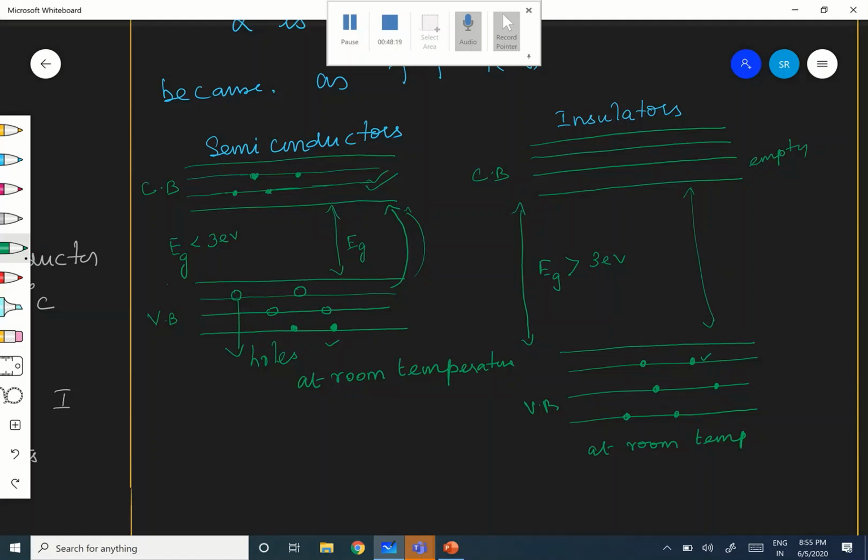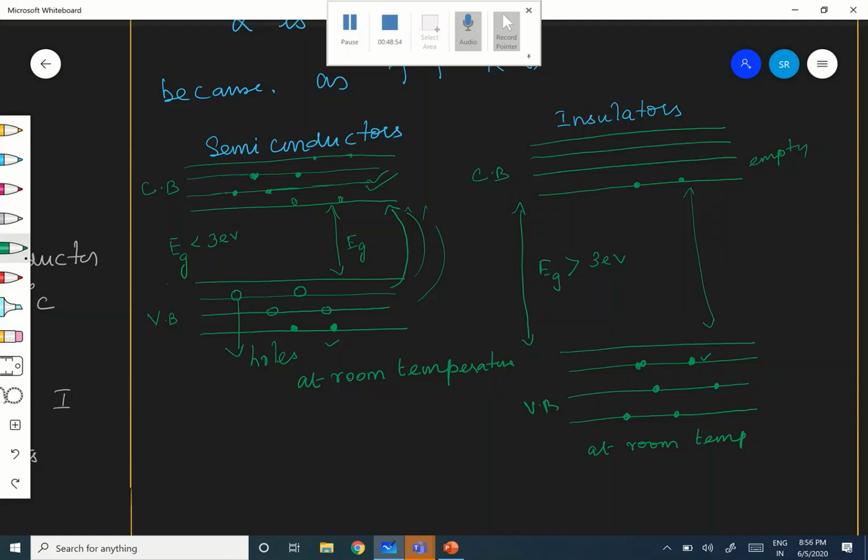Even in insulators, as you increase the temperature, some electrons in the uppermost energy level of the valence band may jump to the conduction band.